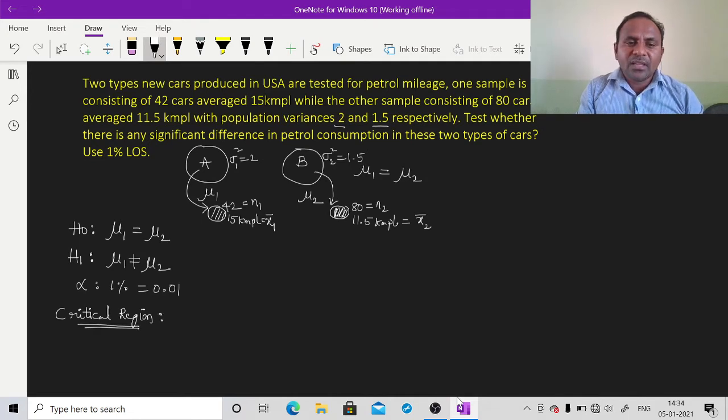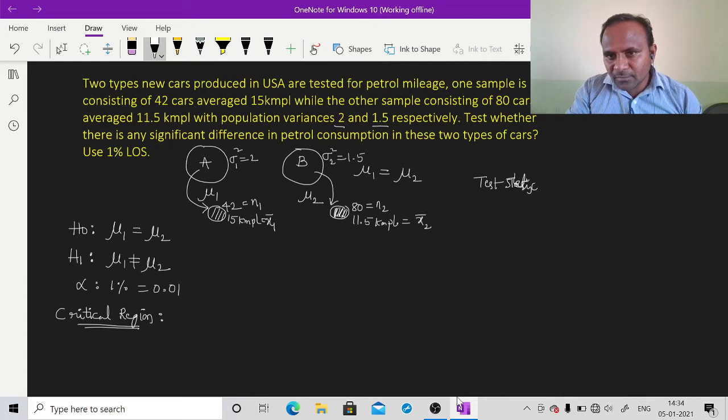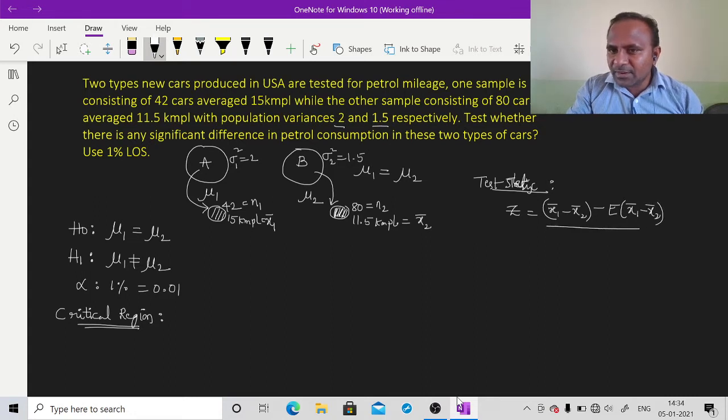Suppose this is your test statistic for the difference of means. Z is the random variable whose formula is: your statistic of interest, the difference of means, minus the expectation of this difference of means, divided by the standard error of the statistic.